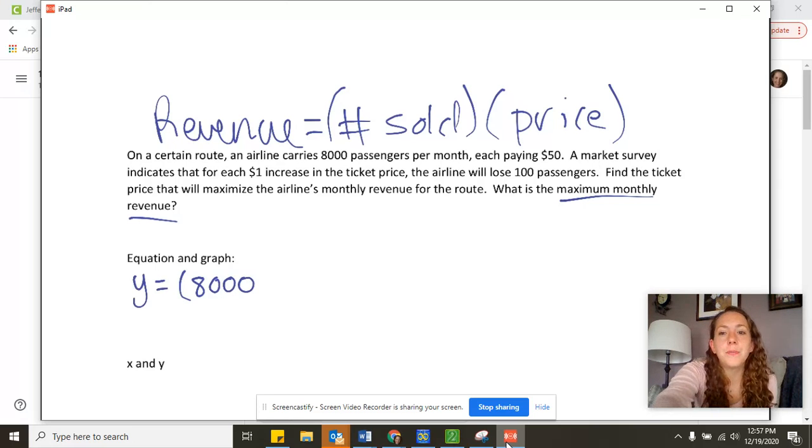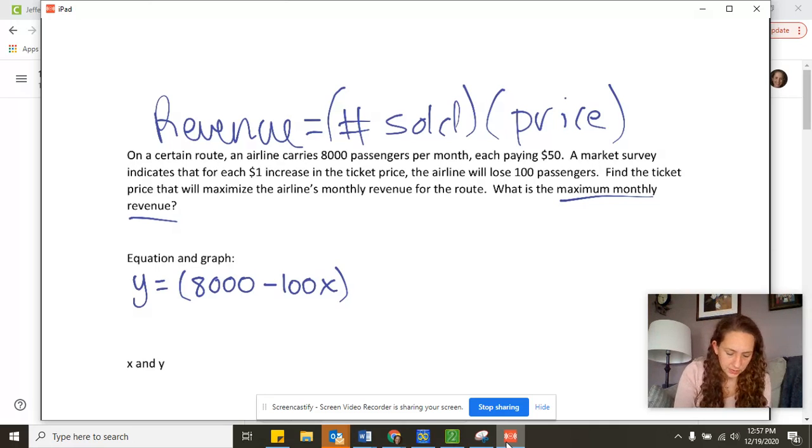But every time we increase it $1, we lose 100 passengers. So I'm going to say minus 100 times X. Okay, so because every time we increase it, we're going to lose 100. So that's how much the number sold is going to be.